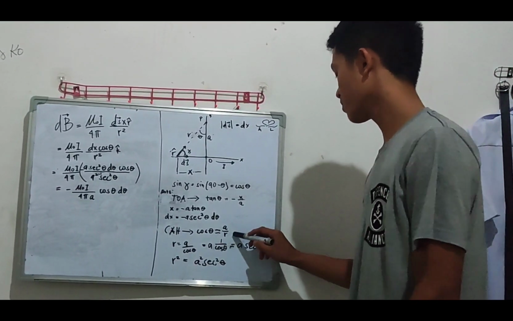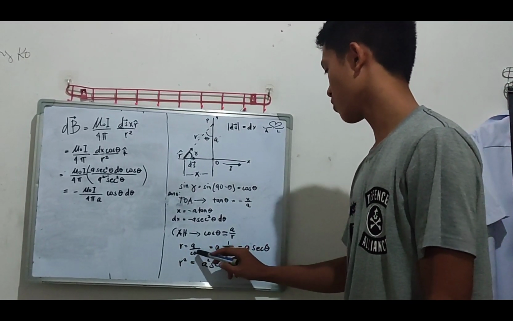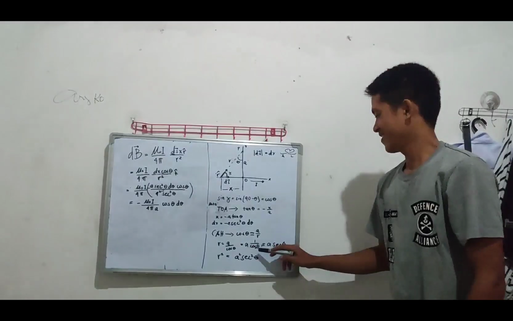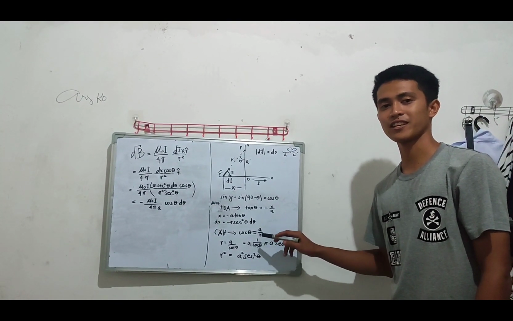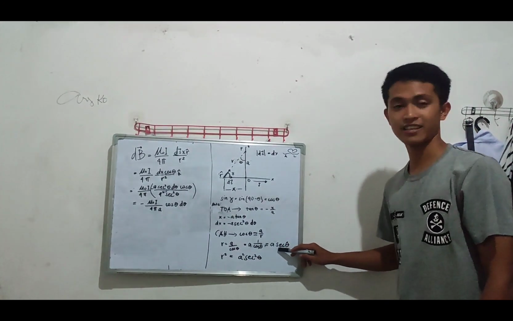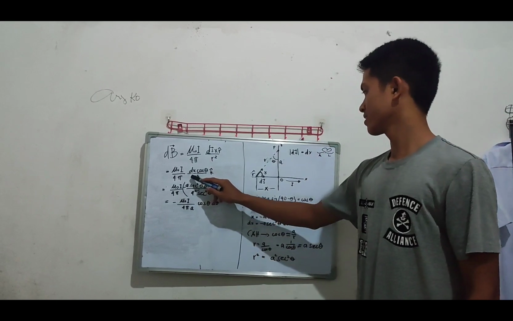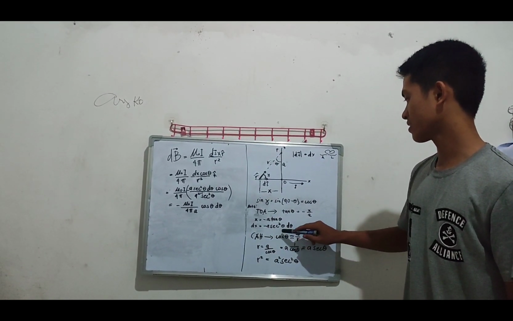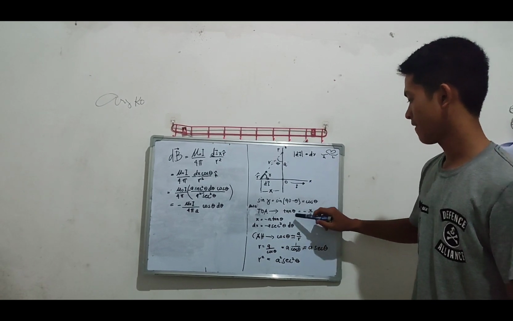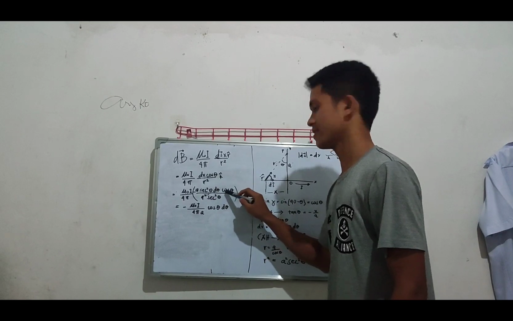So again, we do the cross product. r is equal to a over cos theta. We know that the identity of 1 over cos theta is sec theta. So we substitute the value of dx, which is negative a secant squared theta d theta. And then we copy the cos theta.